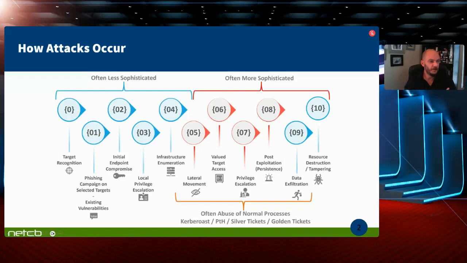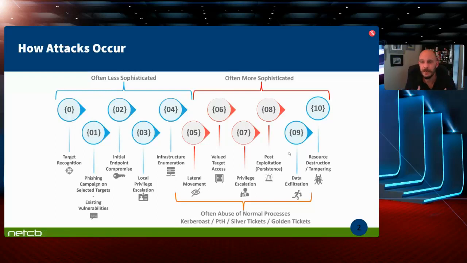So infrastructure enumeration would be things like port scans, enumerating Active Directory if you have that in your infrastructure. And through infrastructure enumeration, they will start to perform lateral movement, moving from one device to the next. In that cyclical manner, once they've got access to an additional device, they do a local privilege escalation, gain additional privileges, and move on to the next device until they find the crown jewels of that organization, at which point they will either start to exfiltrate that information, so they've got a copy of it.